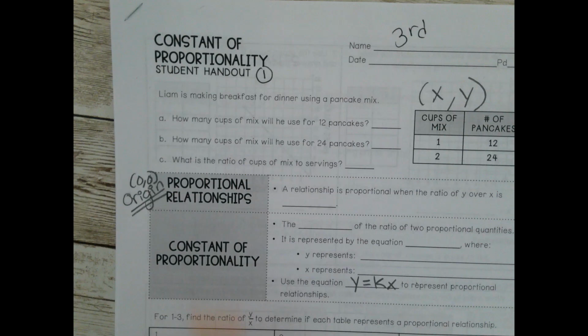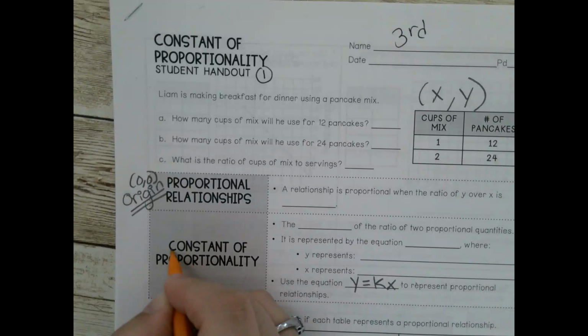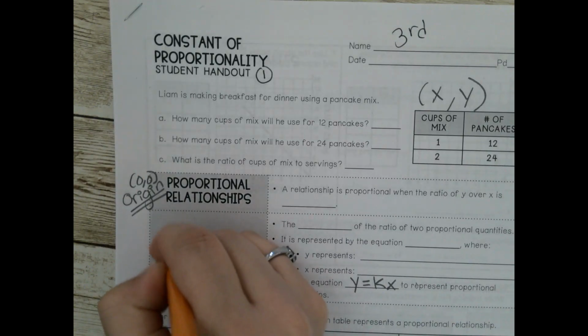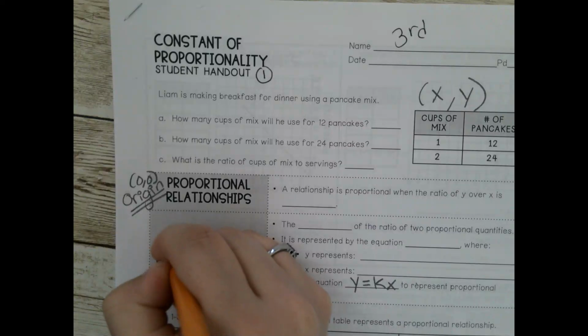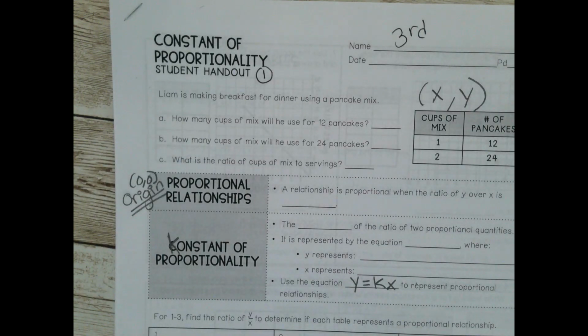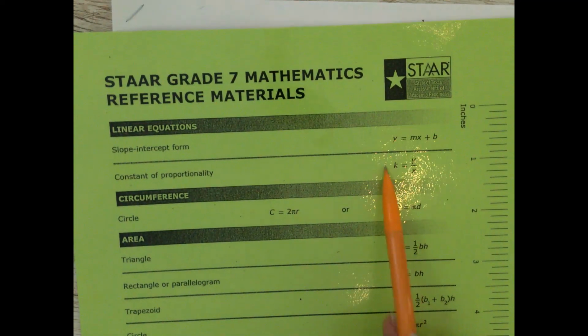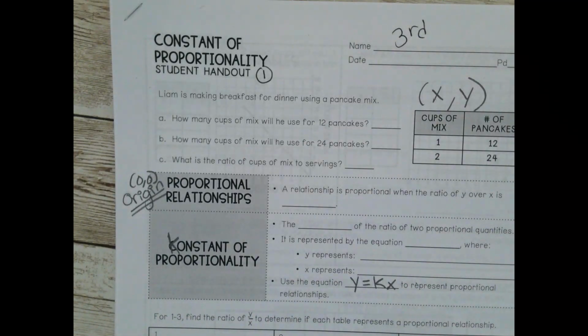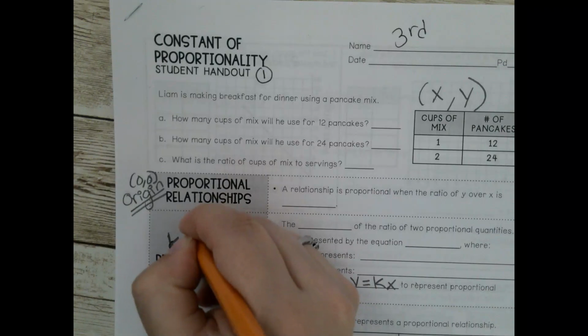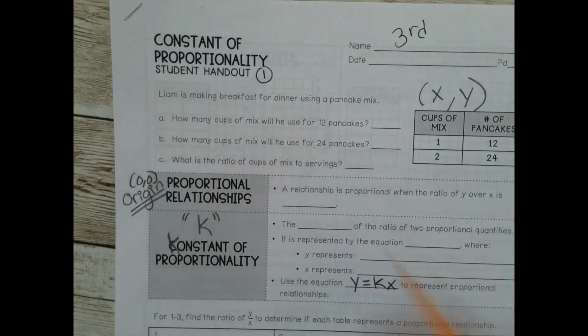And when you hear me say constant, okay, this is spelled with S-E, but I want you to think of it like a K. Because the constant of proportionality is represented by the letter K. So anytime it's asking for the constant of proportionality, it's looking for K. Well, what is K?